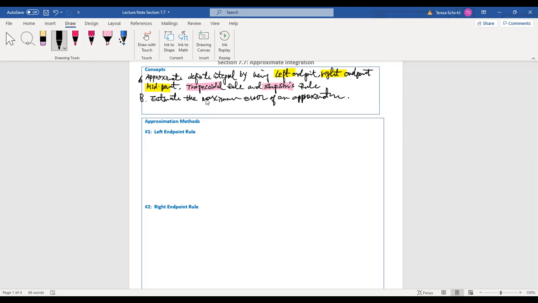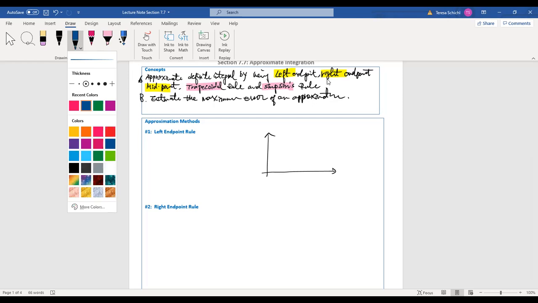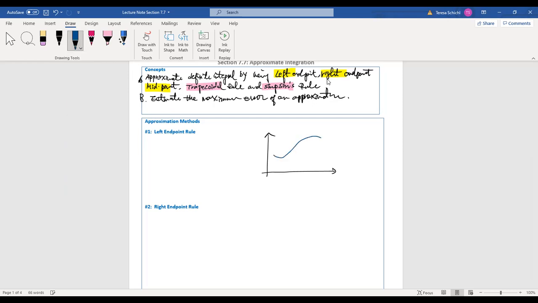Like I mentioned, we're familiar with left endpoint and right endpoint. So let's just take a look. Let's assume this is my function, f of x, and here I have a, and this is b.